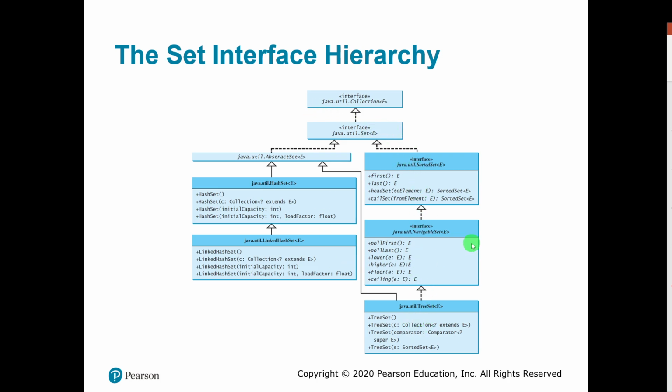So this is the structure of all those classes, abstract classes and interfaces, and how they fit together. All right, that's enough of the overview. In the next video, let's take a look at some actual examples of implementing some of these things, hash sets and tree sets and sorted sets.